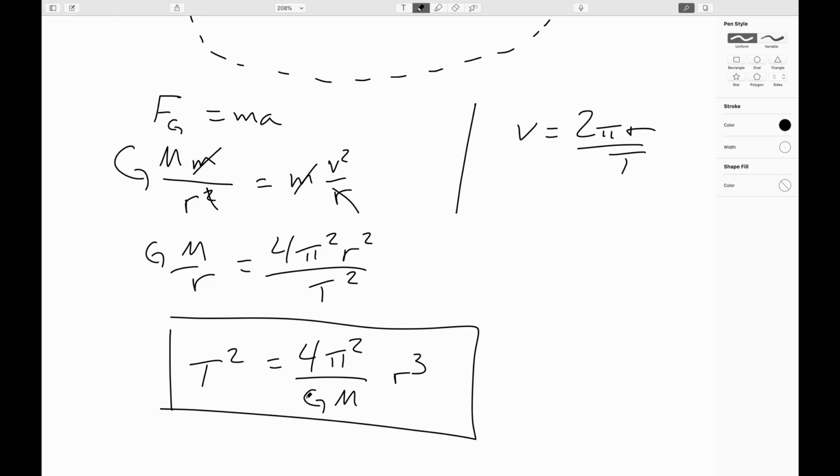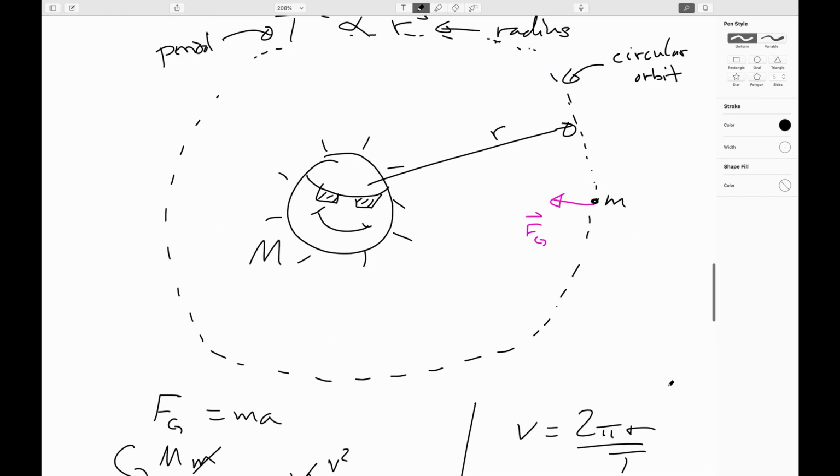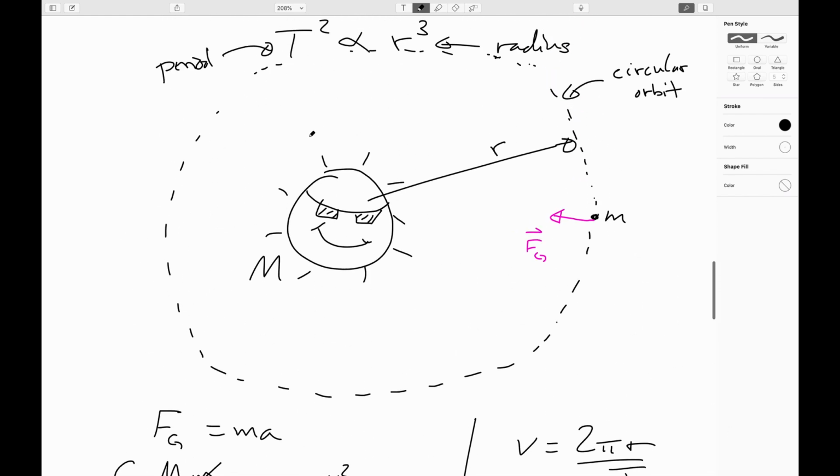Now, I did sweep a technical detail under the rug. This is only strictly correct in the limit of the thing being orbited being much more massive than the thing doing the orbiting. And this is usually true.